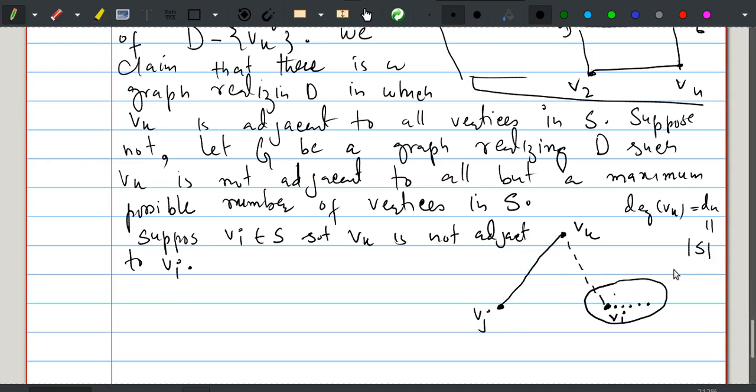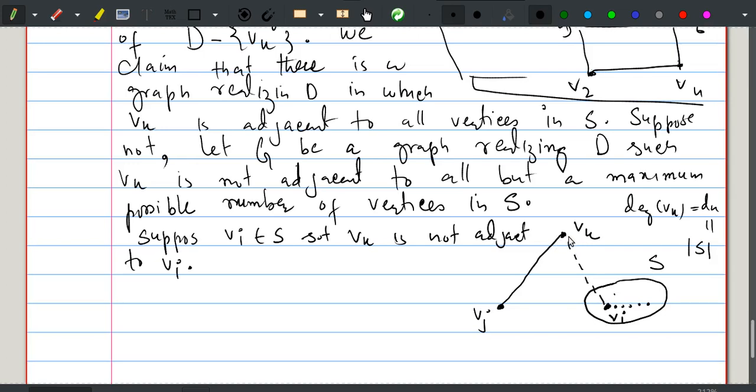So from S, the maximum number of vertices adjacent to Vk may be at most dk minus 1, because Vi is not adjacent to Vk. Given that the degree of Vk is dk, there are dk edges incident at Vk.